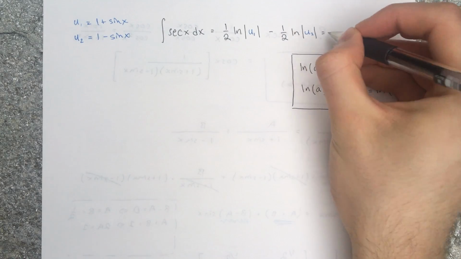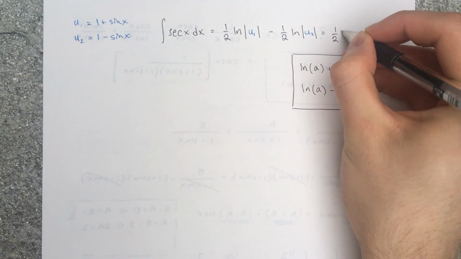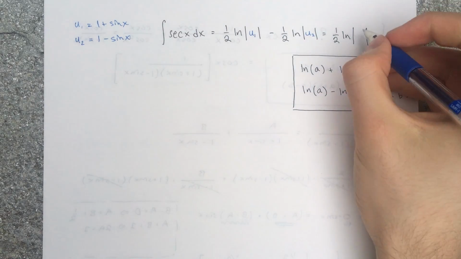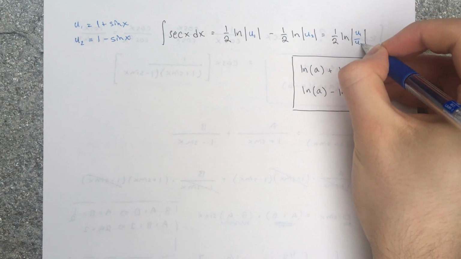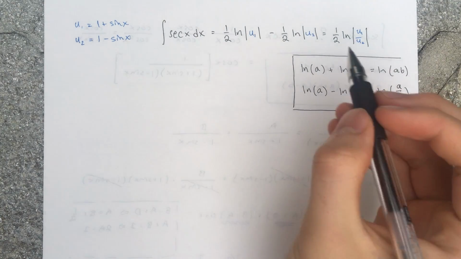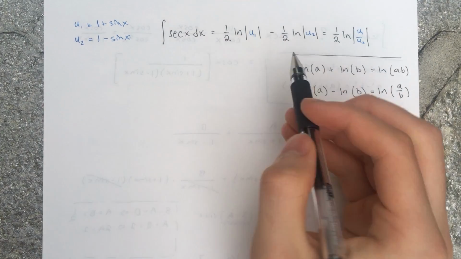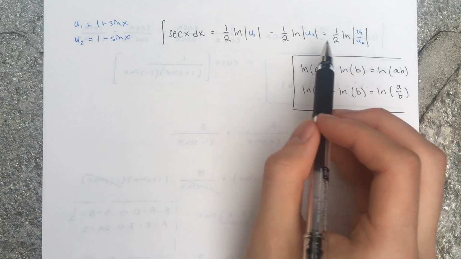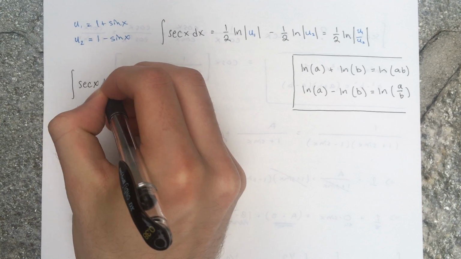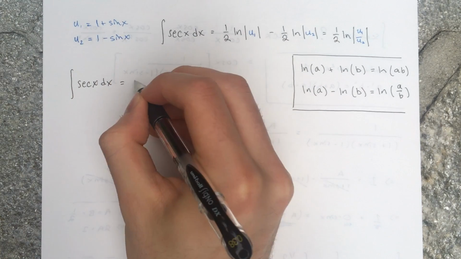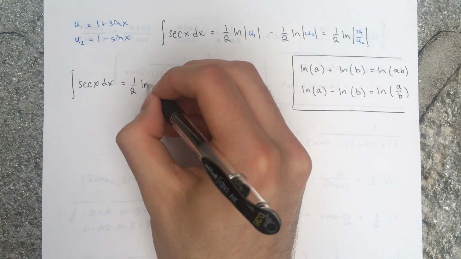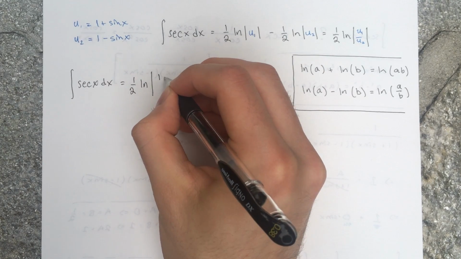So we can actually rewrite this as 1/2 ln u1 over u2. And now, what is u1 and u2? Well, u1 and u2 is simply just 1 plus sine x and 1 minus sine x.